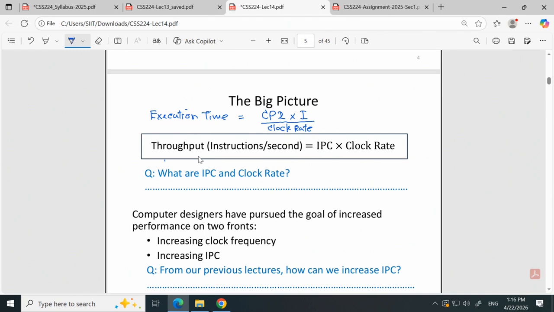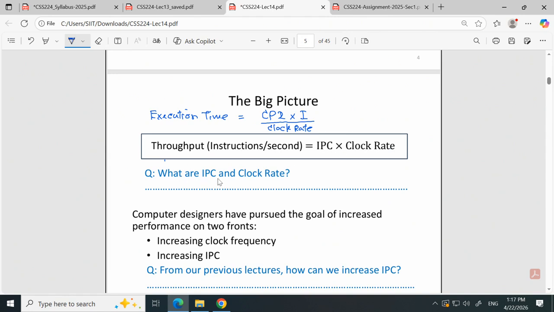Throughput, you have learned this already. Throughput in this context means the number of instructions that can be executed in 1 second. And it can be expressed like this, IPC times the clock rate. What is IPC?